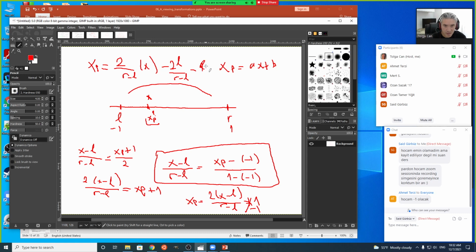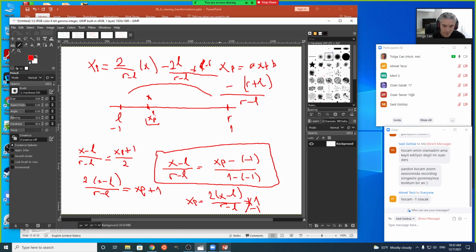So this is going to be minus 2L, this is plus L, so it's going to be minus R plus L divided by R minus L. It should be something like this B. So this is the translation part.